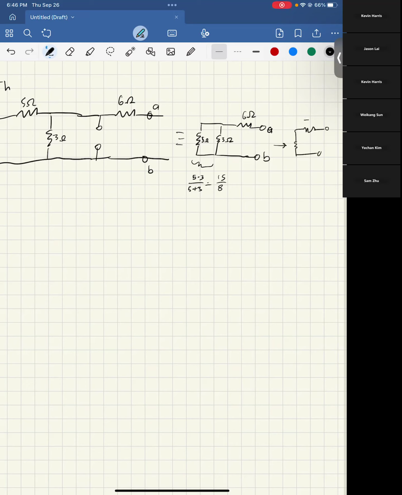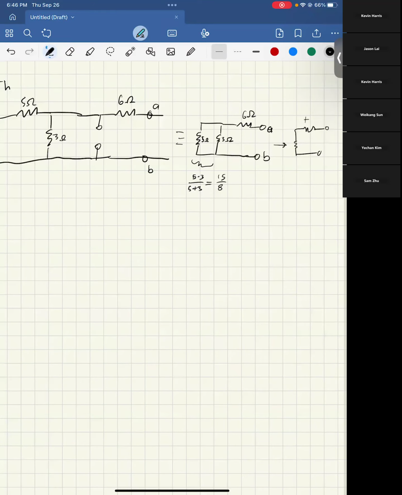And then you will add these two together. So 15 over 8 plus 6 is, I'm just going to plug that into a calculator real quick. 1.875 plus 6 is 7.875.